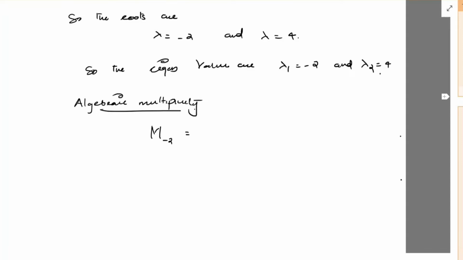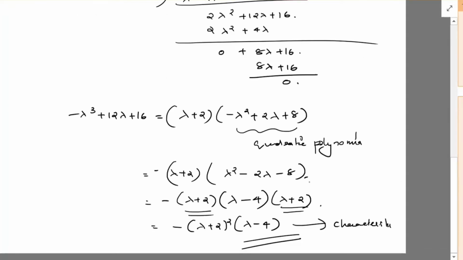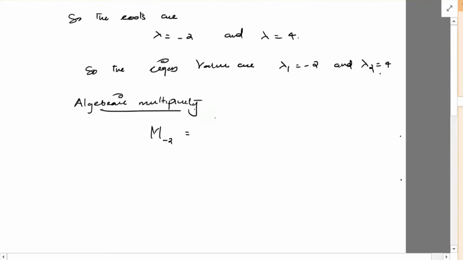The power of lambda plus 2 in the characteristic polynomial. What is the power of lambda plus 2? It is 2. Look at the characteristic polynomial. You can see that the power of lambda plus 2 is 2. So the algebraic multiplicity of the eigenvalue minus 2 will be 2.